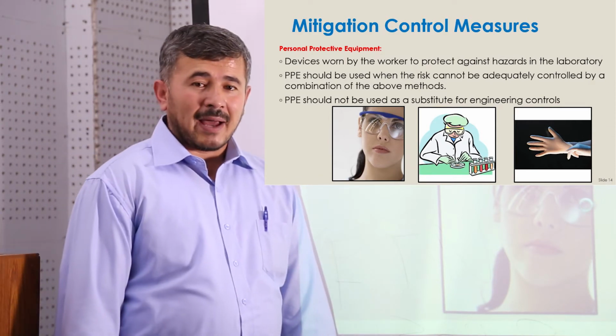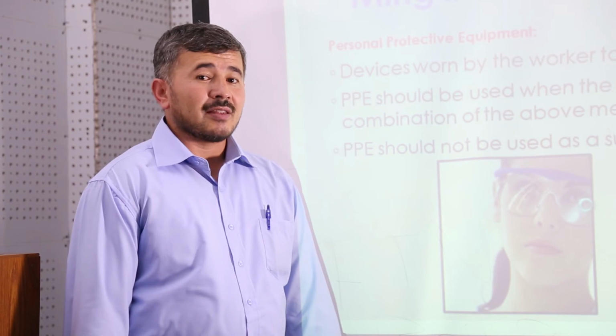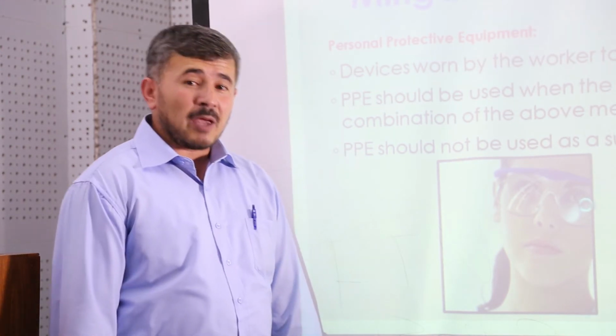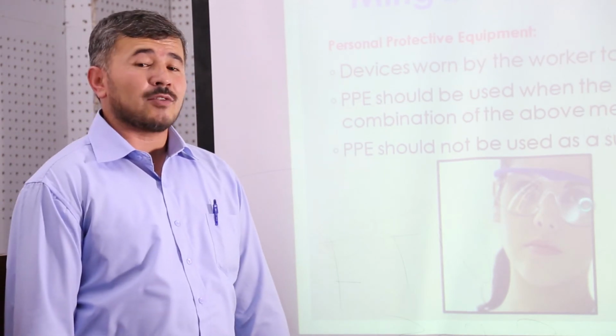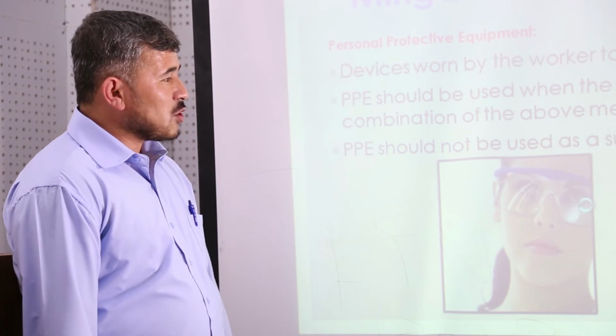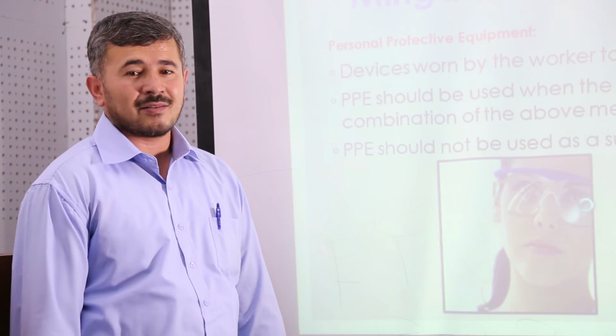But you have to remember, we cannot replace the PPE with the administrative control. Some of the PPE is also engineering control. But it does not mean we have to substitute engineering control with the PPE. We cannot do it.